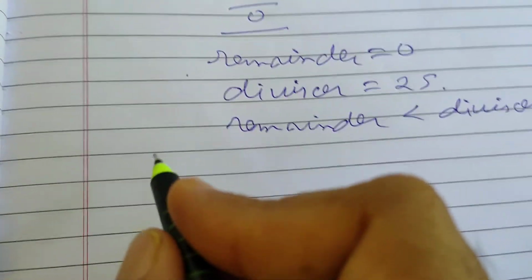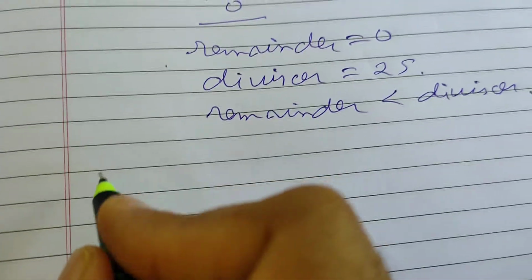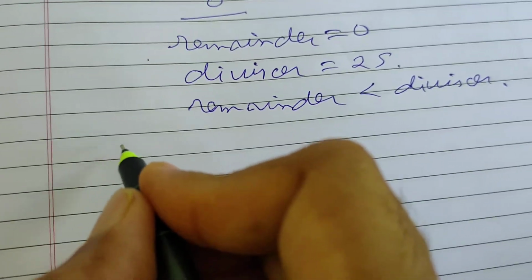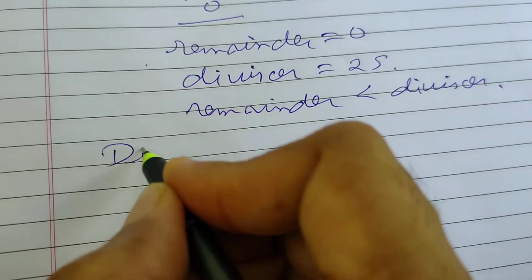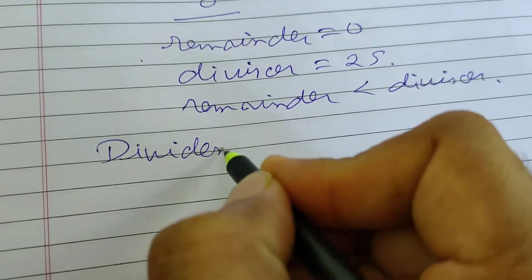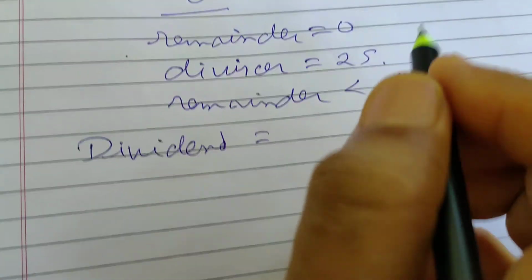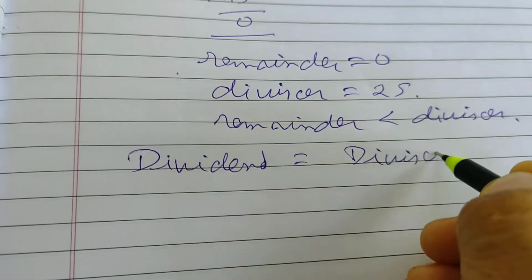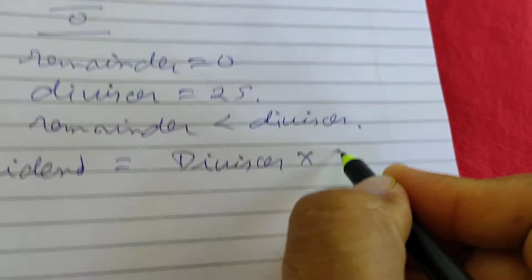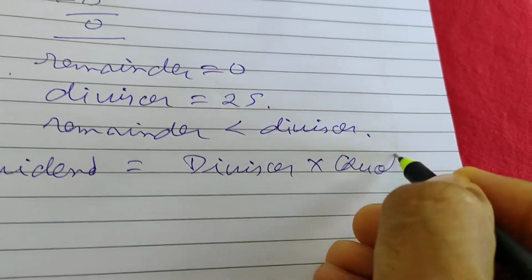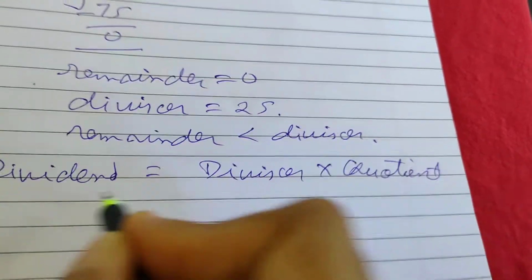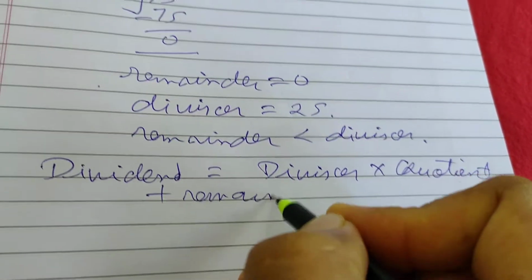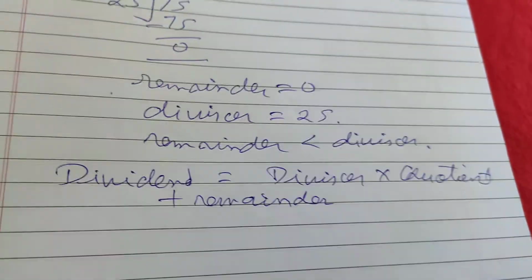So what do we get? We again recall the concept from class 9th which we have learned, that is dividend is equal to divisor into quotient plus remainder.